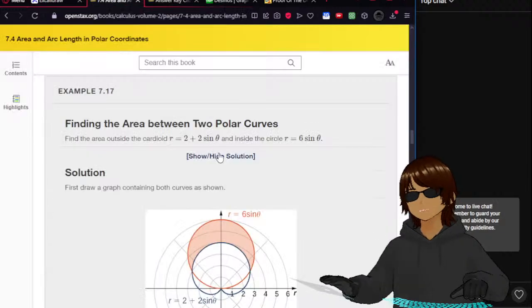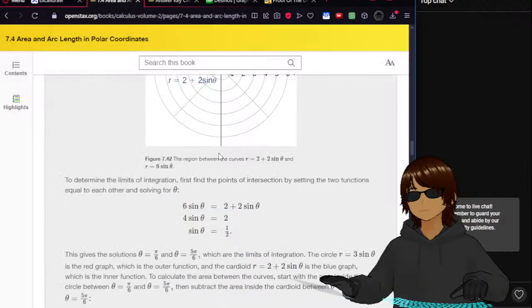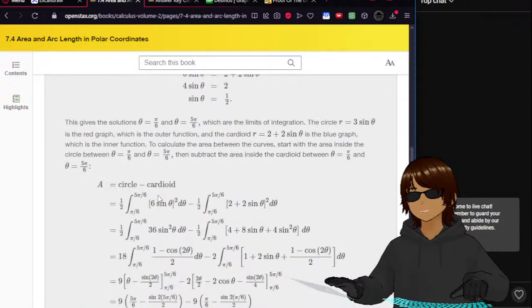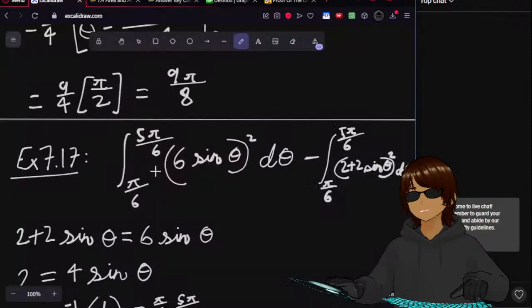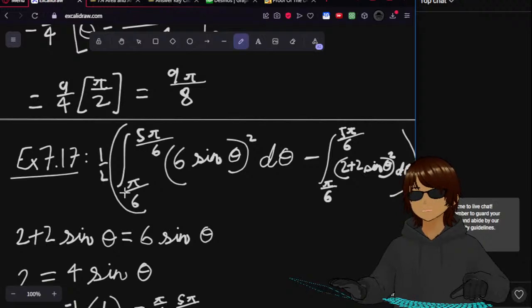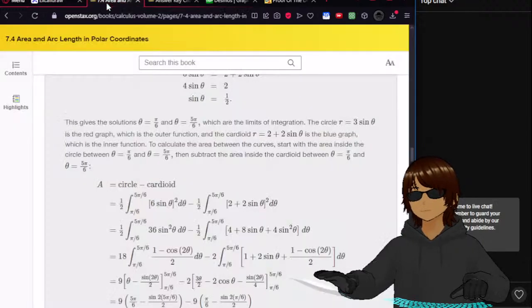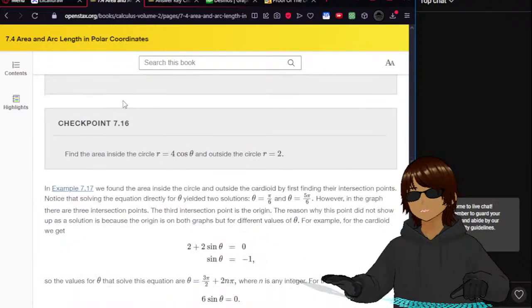That's the general idea. And let's see if they're doing the same. Oh yeah, I forgot the half. Half. And then the final value is 4 pi.